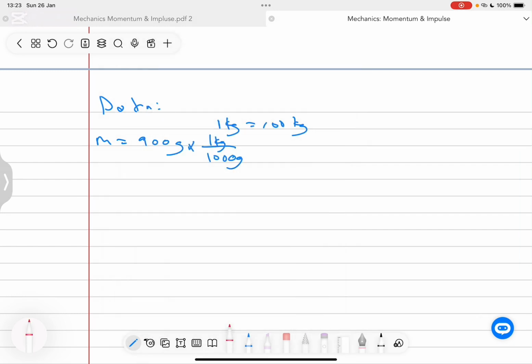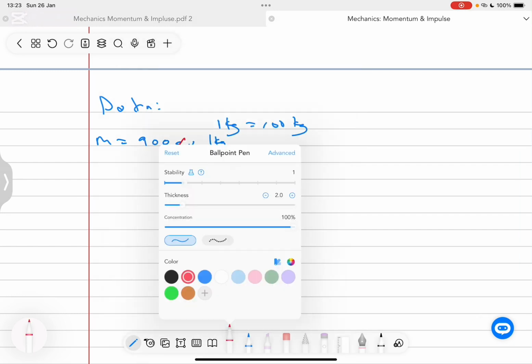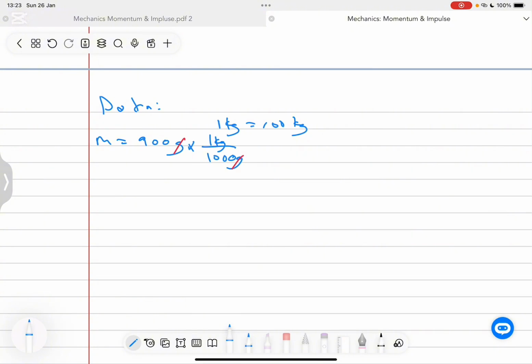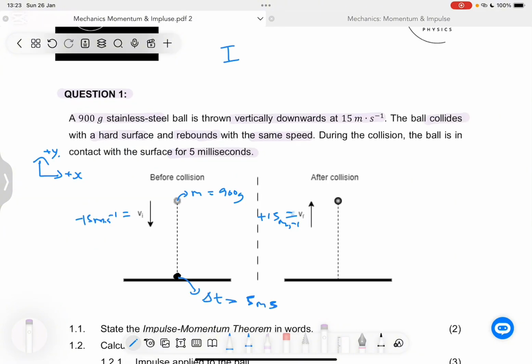You do this because you want the gram and the gram to cancel, so that you'll be left with 0.9 kilogram. I took the 1000 and put it in the denominator and the 1 kg in the numerator, because I want the gram and the gram to cancel so that I'm left only with the desired SI unit.